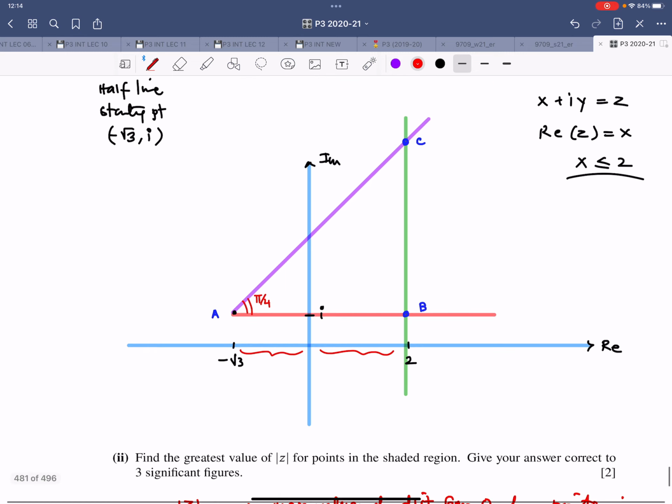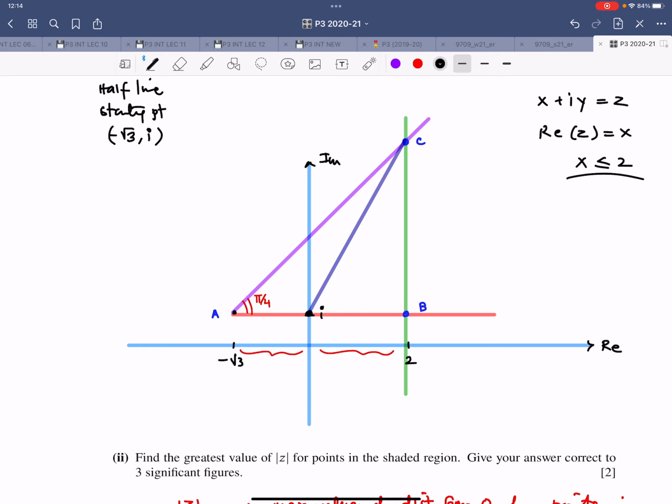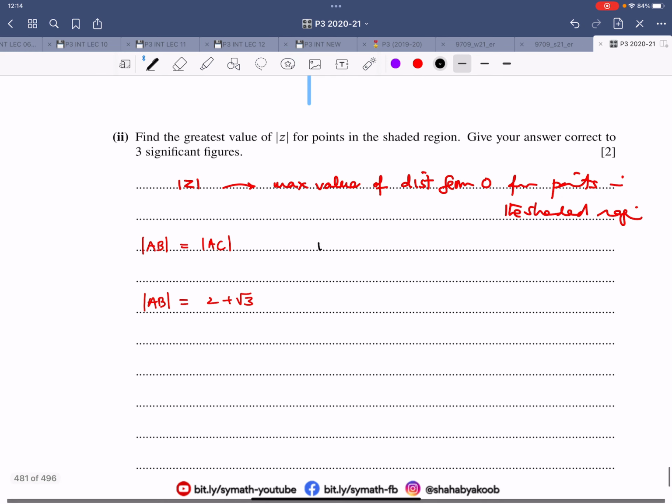So let me choose a color. There is orange, purple, green, and let me choose deep blue. This thing would be the greatest value. Let me draw it again. This is the origin O, let me label A, B, C, D. DC would be the greatest value of modulus of z.